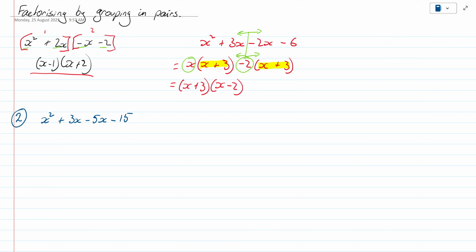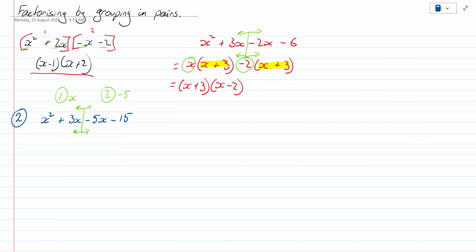In example 2, we have x squared plus 3x minus 5x minus 15. So same method again, we're going to split it down there. Grouping of pair 1, and then pair number 2. The highest common factor of x squared and 3x is just going to be x, and the highest common factor of negative 5x and negative 15 is negative 5.